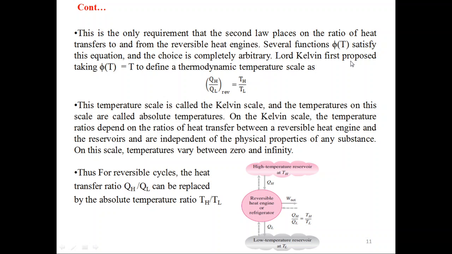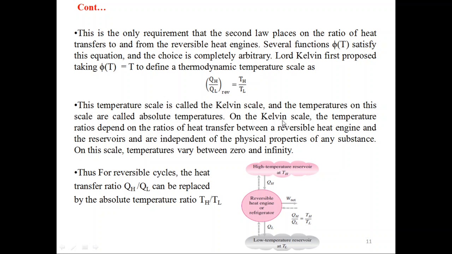Lord Kelvin first proposed taking function of T equal to T to define a thermodynamic temperature scale as QH by QL for the reversible heat engine equal to TH by TL. This temperature scale is called the Kelvin scale, and the temperatures on this scale are called absolute temperatures.